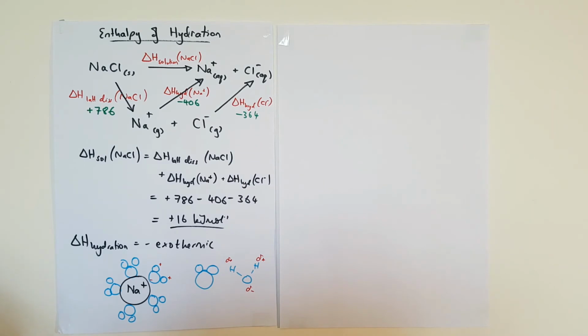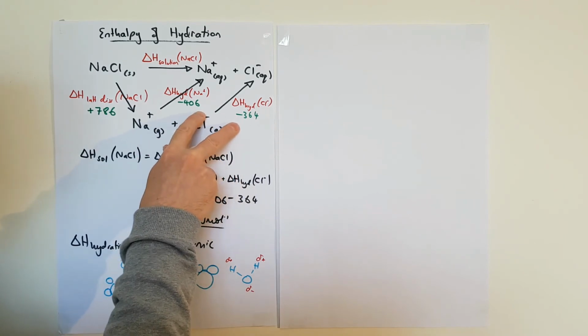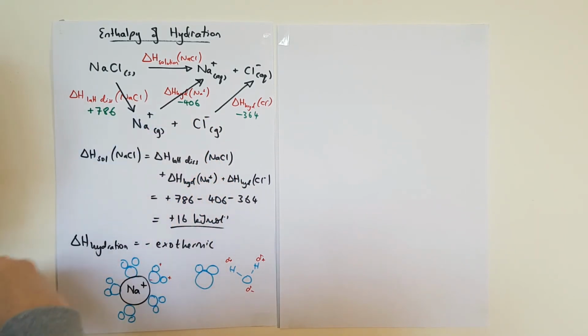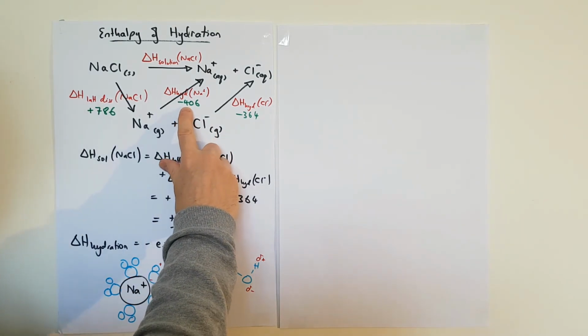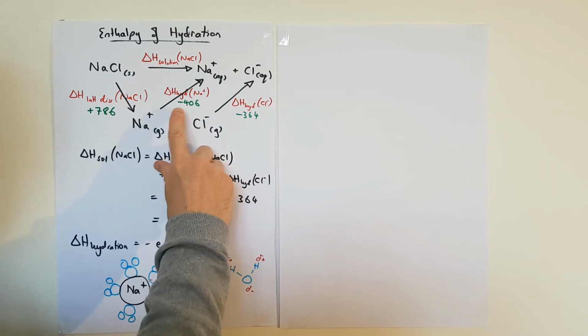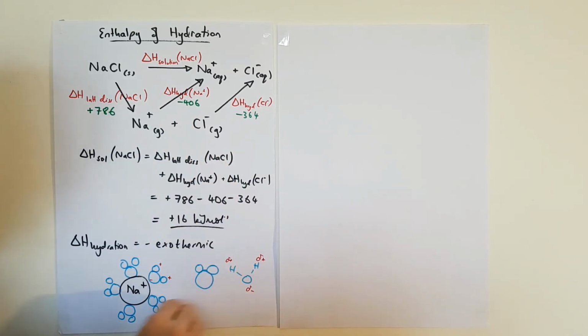A couple of other questions to think about. How could we increase these numbers? Well, if we had smaller, more highly charged ions, then that would increase the enthalpy of hydration because it would increase the polarizing forces acting on the water molecule, it would increase the attraction of the water molecules to the ion.